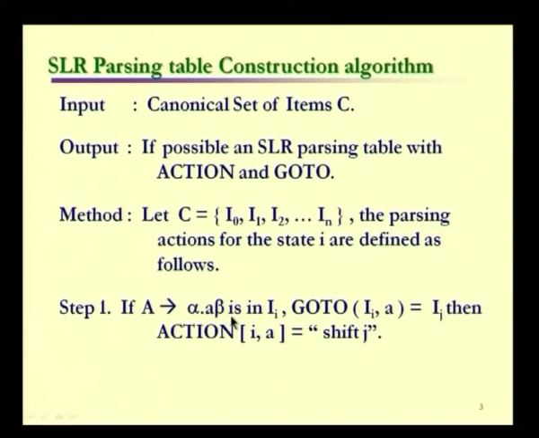To fill the shift action, we will find items of the form A derives alpha dot a beta, in a state called I. Then we have to find out, after shifting this a onto the stack, from where we will continue the parsing process.